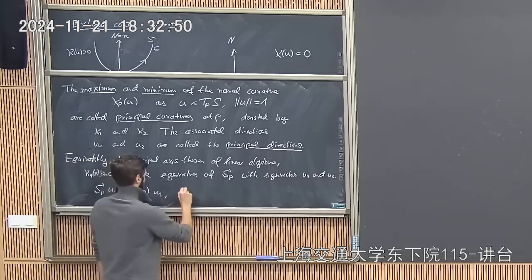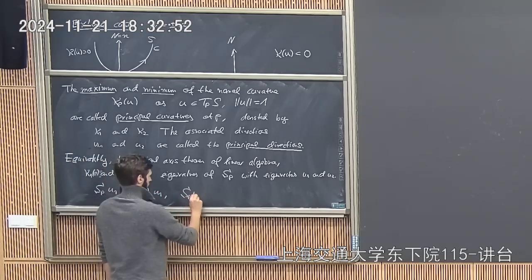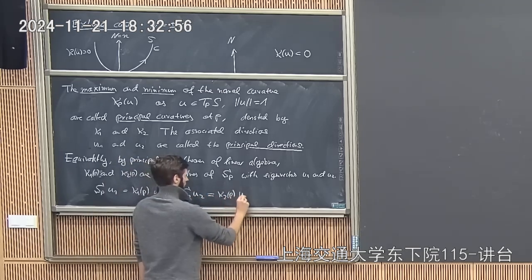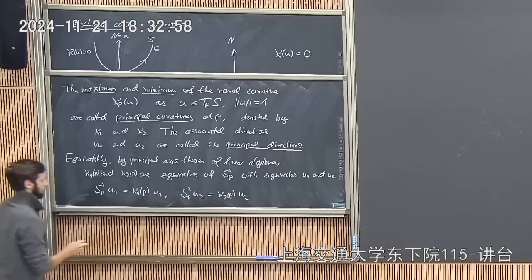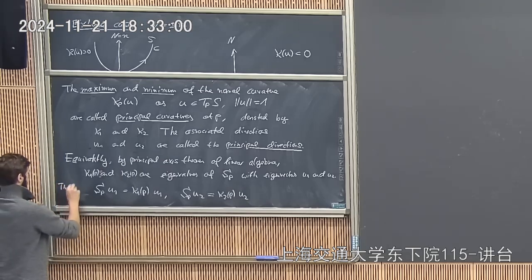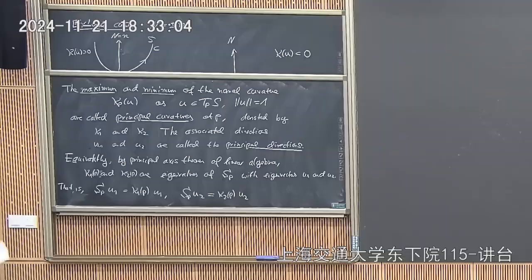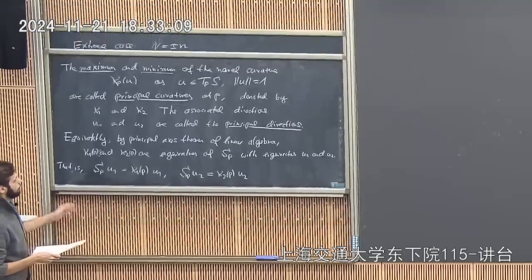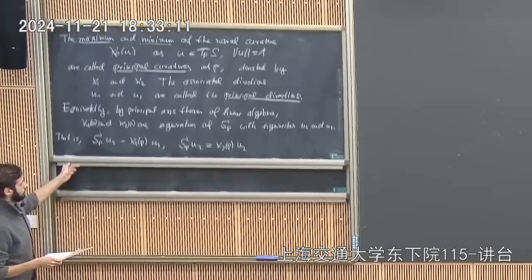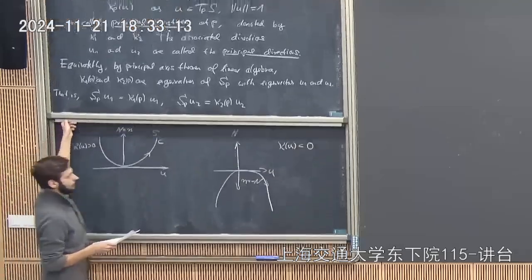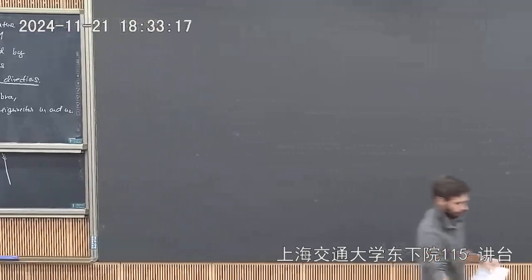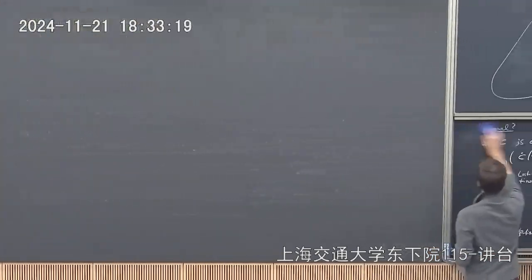And similarly, if you apply it to u2, we get kappa 2 of P times u2. So we get these two relations. And there is another nice property: these vectors have to be orthogonal.